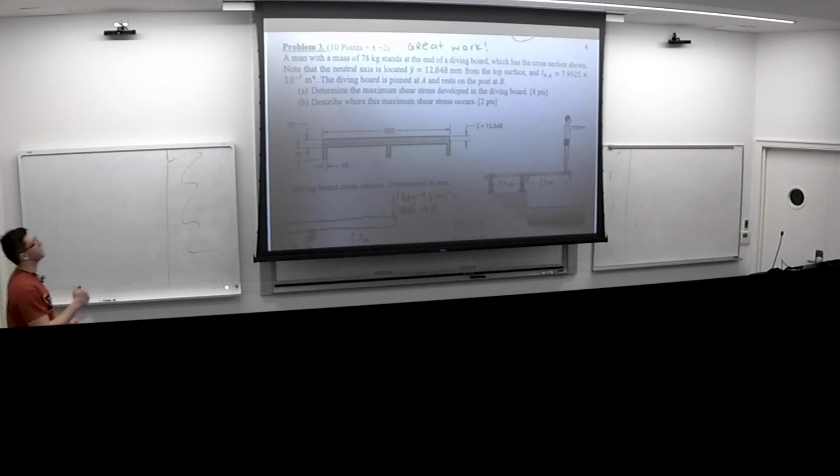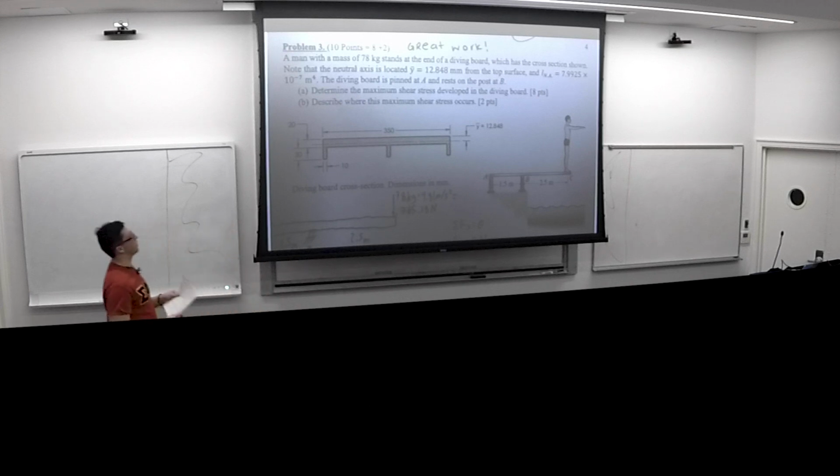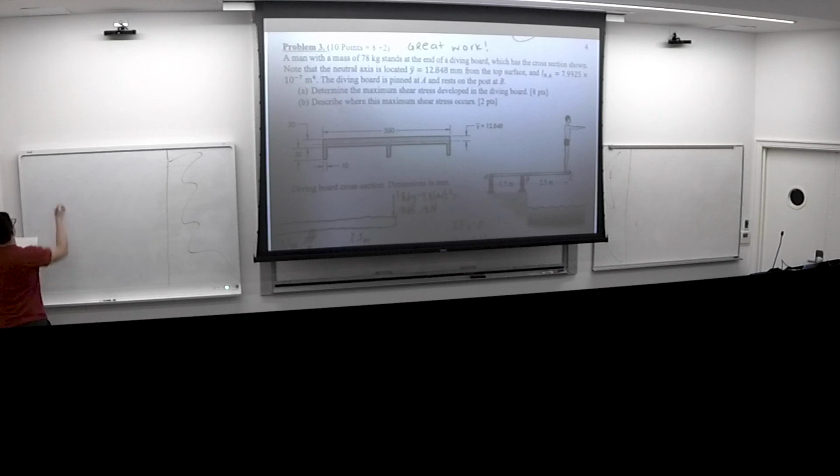So the last one we did stress due to the bending moment. So now we're going to have shear stress due to shear force. So the equation for the last one was your My over I. Now you're going to have tau is equal to VQ over It.